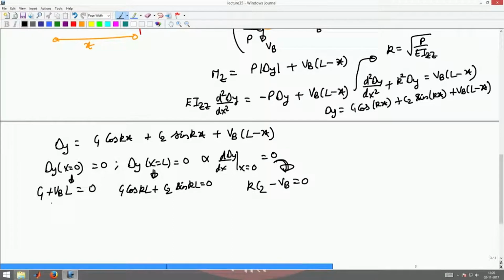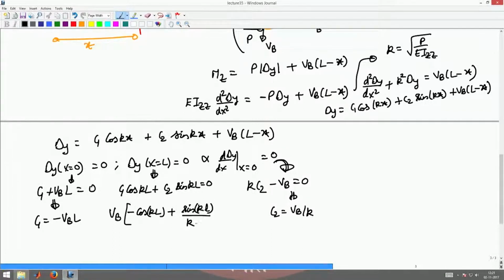Now from here I get C1 to be minus Vb times L, and from here I get C2 to be Vb by k. Substituting that in here I get Vb into minus L cos kL plus sin kL by k equal to 0.